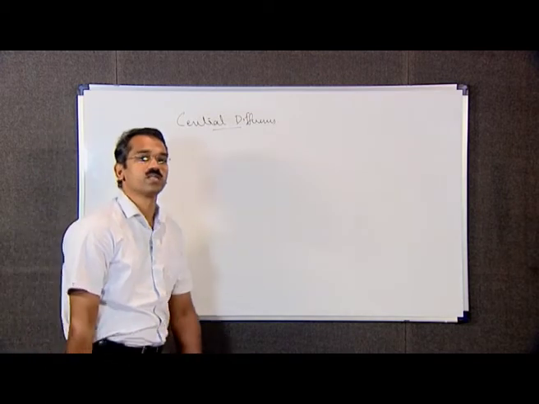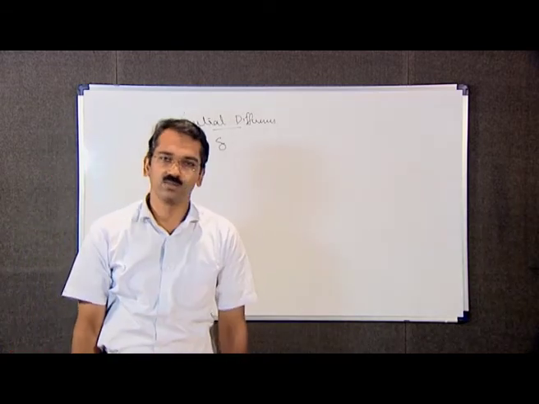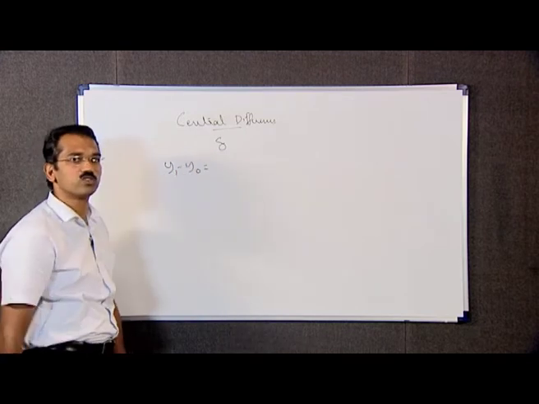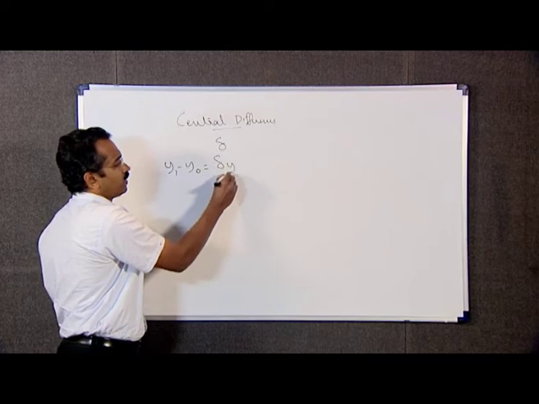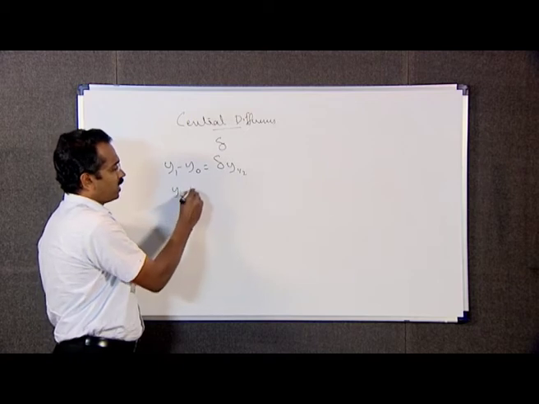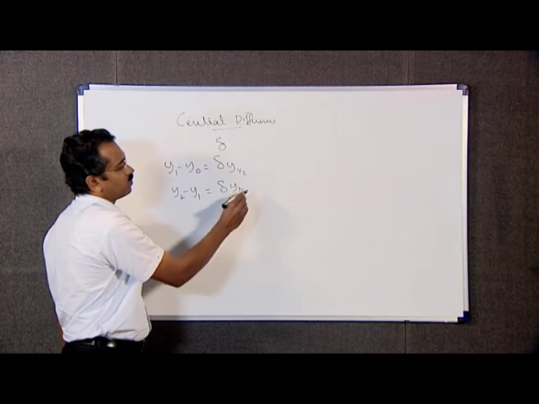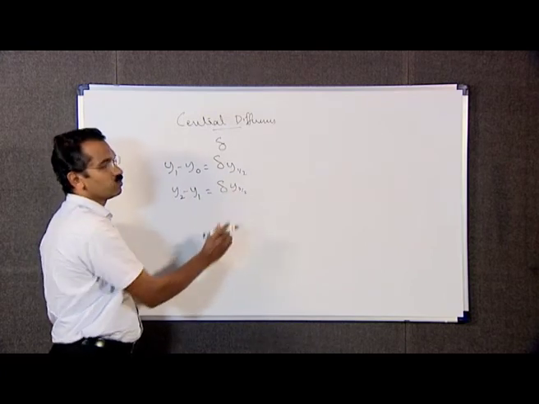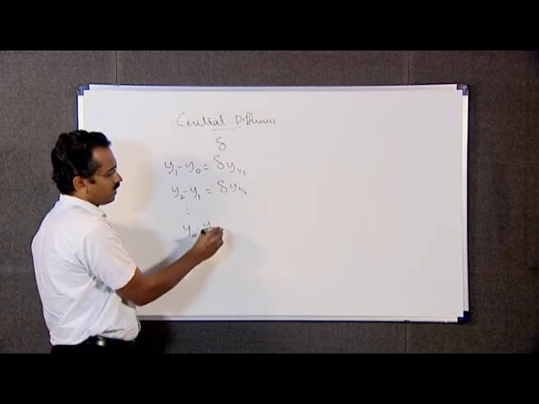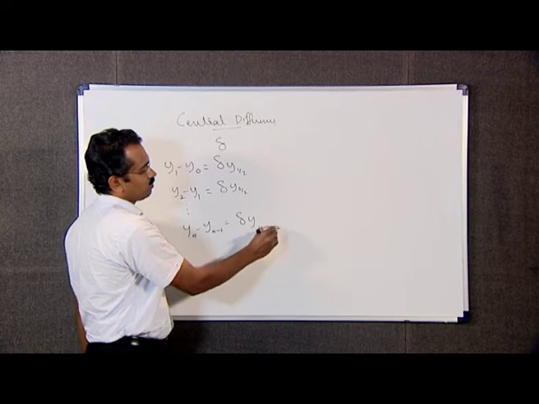The central difference operator, denoted by small delta, is defined by y1 minus y0 is equal to delta y 1 by 2, y2 minus y1 is equal to delta y 3 by 2, etc. In general, yn minus yn minus 1 is equal to delta y n minus 1 by 2.